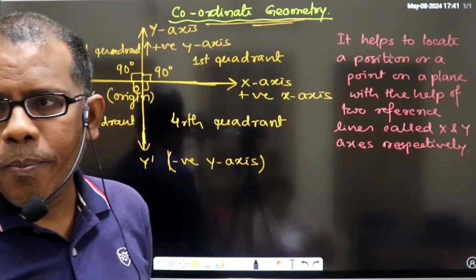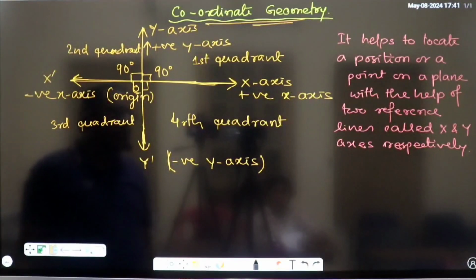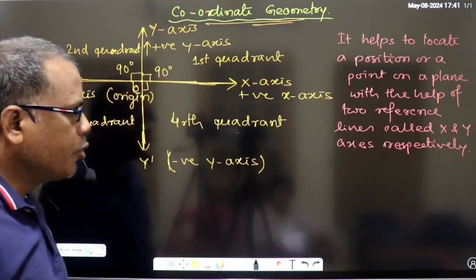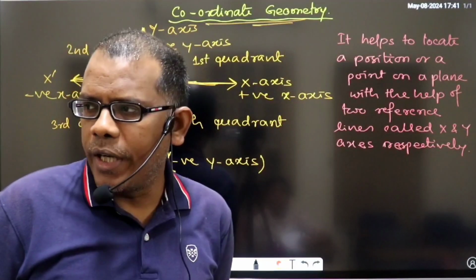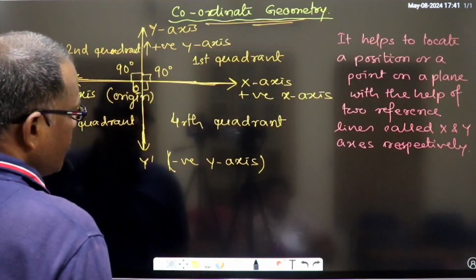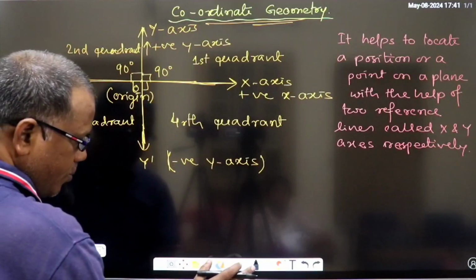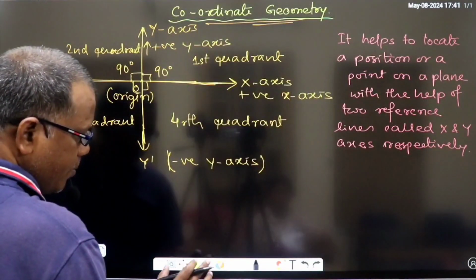Are you getting me? So mainly the use of the xy plane is to locate a point on a plane with the help of these two mutually perpendicular lines. Is that clear?